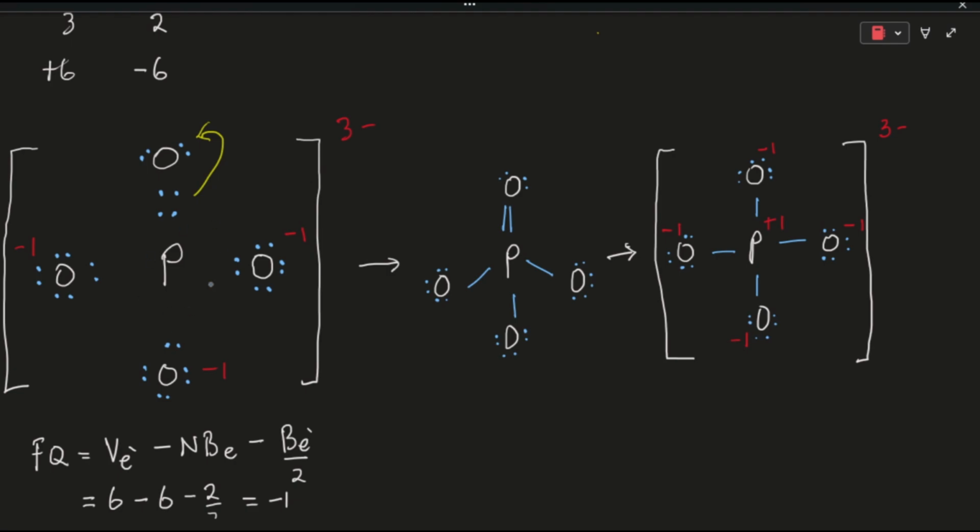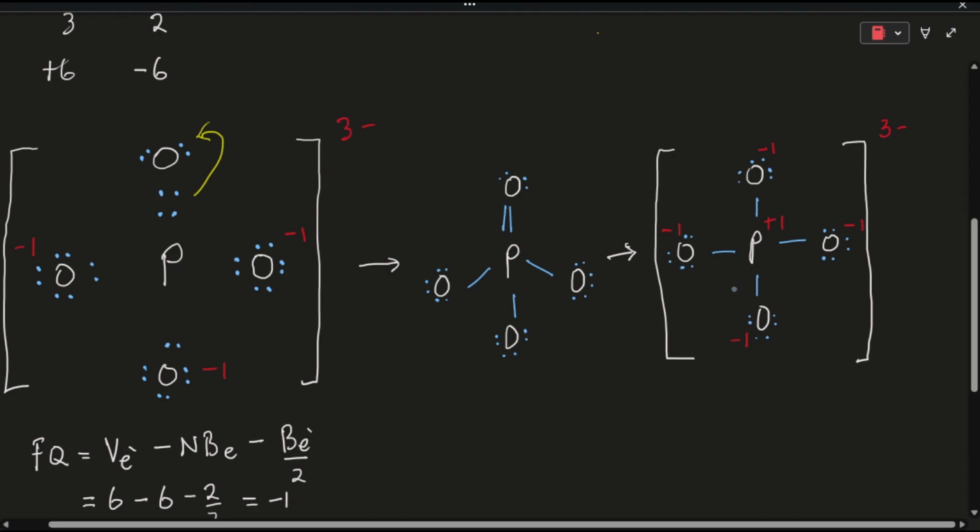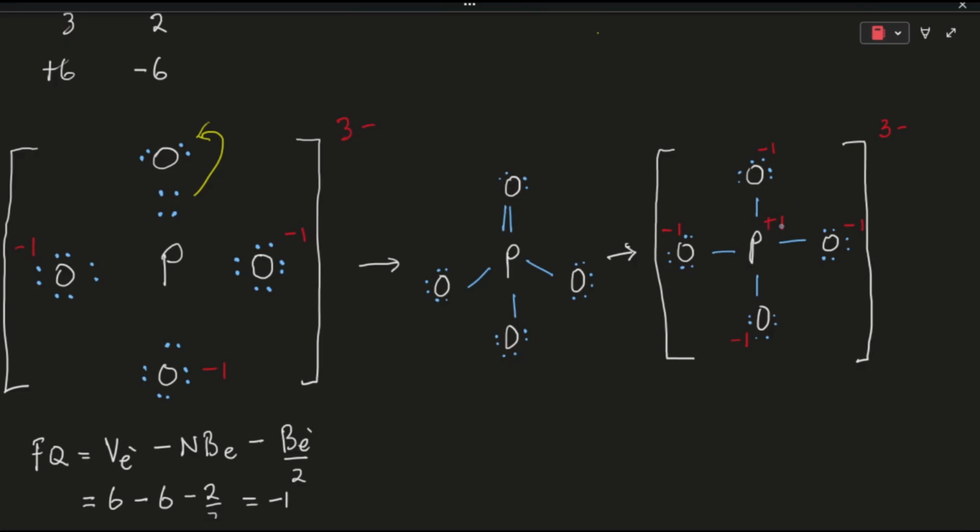So this Lewis structure of phosphate to my left has less separation of charges compared to this one, even though both of them have the same net charge of -3 on the molecule. But this one on my right has more separation of charges compared to this one. So phosphate in this Lewis structure is more stable than this one to my right here. So this explains why the charge on the polyatomic ion phosphate is -3 using the Lewis structure explanation.